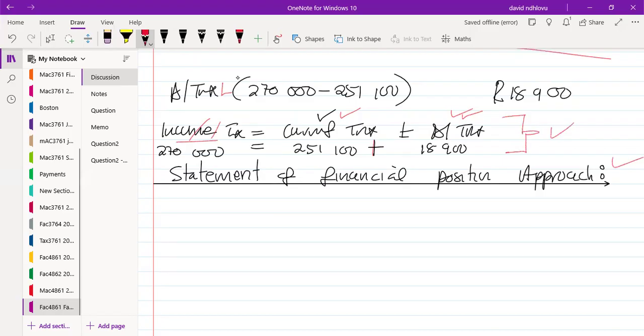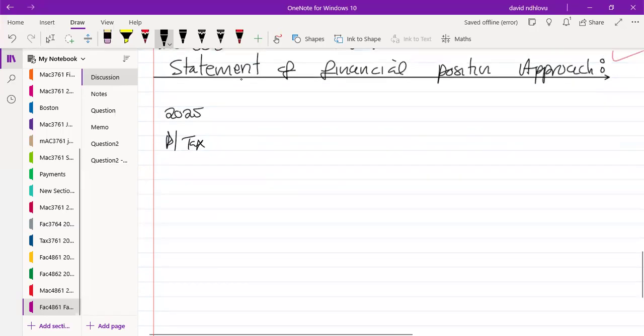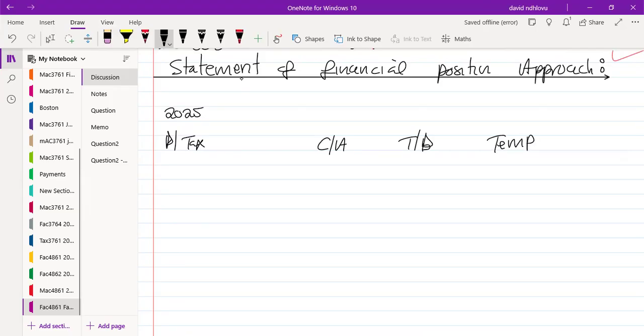Let's say we're in the year 2025, we calculate the deferred tax balance. To calculate the deferred tax, we'll then say carrying amount, and then tax base. Then the difference will give you temporary differences.